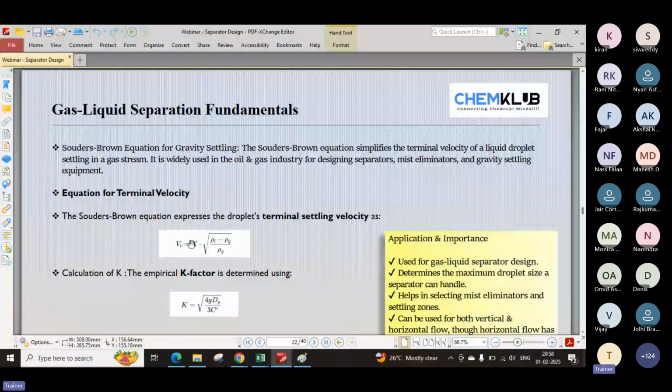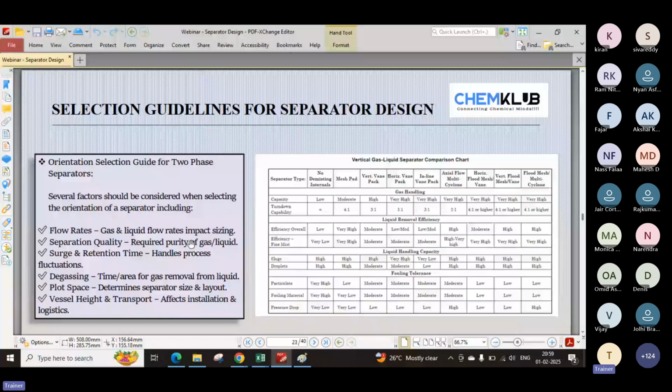Okay, this is a typical separation guideline or chart, we can say, showing when to use or how to use a particular type of separator and what its capabilities are: the turndown ratio, the efficiency, whether it can handle slug, whether it has a tendency of fouling, and how the pressure drop is.